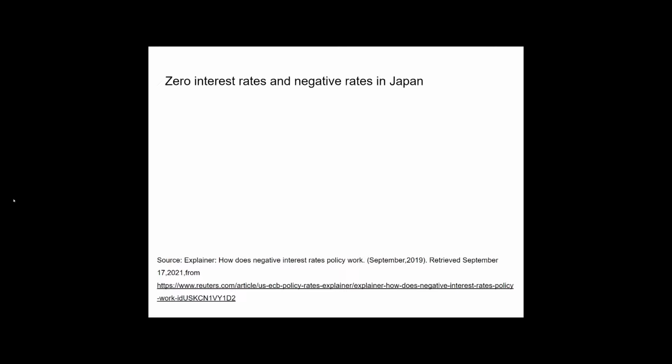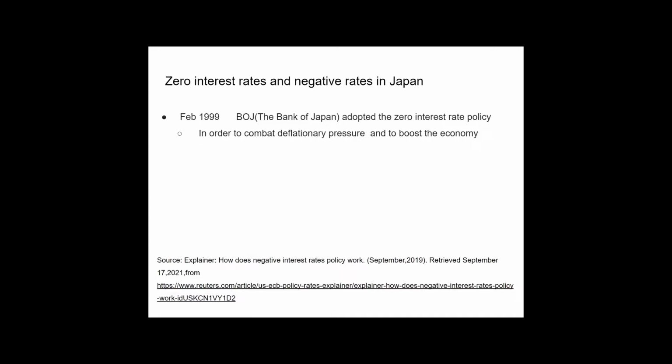In February 1999, the Bank of Japan adopted a zero interest rate policy to combat deflationary pressures. After the Japanese economic situation showed signs of gradual recovery, the zero interest rate policy was cancelled in 2000.